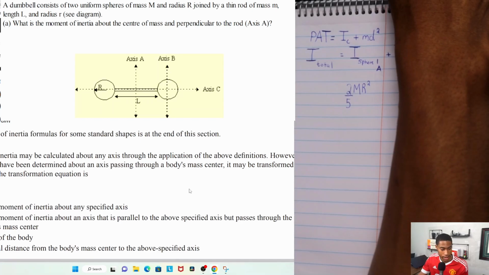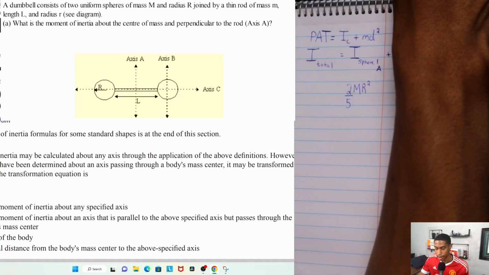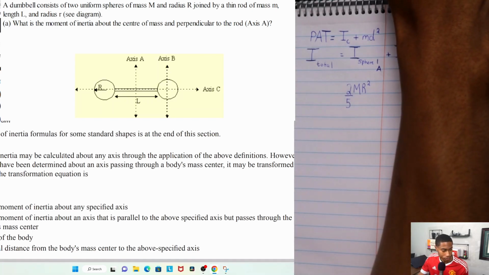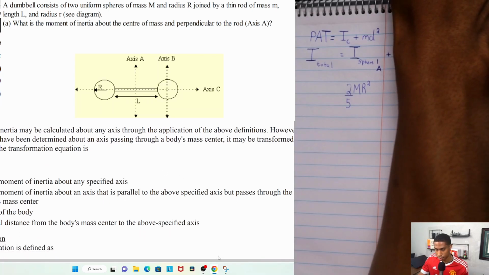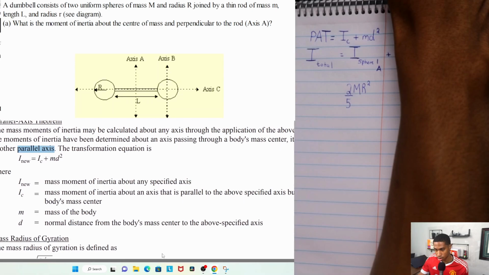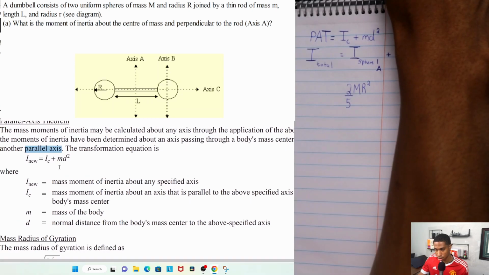Well, it's just basically saying that you're taking your sphere and there is a parallel axis that we're using, and it is that y-axis that we chose to find our inertia about, and we're using the mass of our sphere, and then we're going to add our m times d squared.